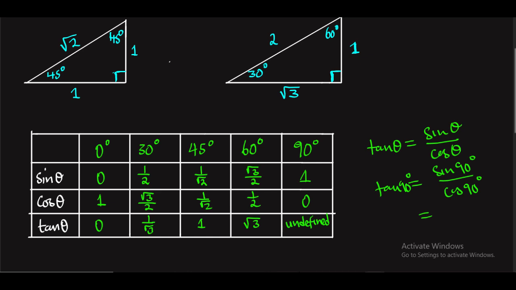According to this table, the sine of 90 degrees is 1, and the cos of 90 degrees is 0. Division by 0 is undefined. That is why tan of 90 degrees is undefined, because of this identity.